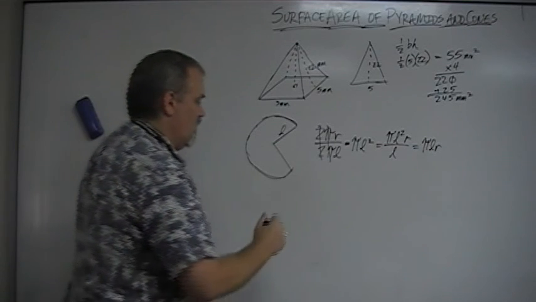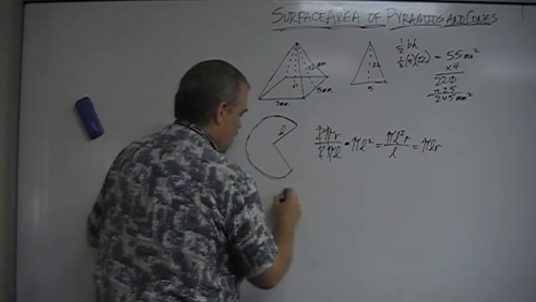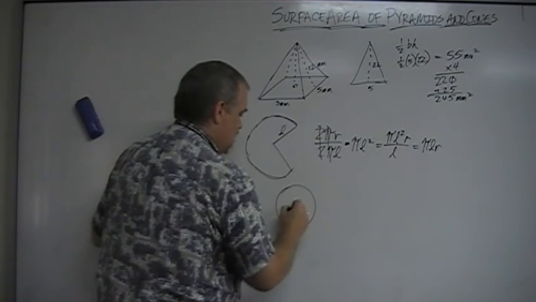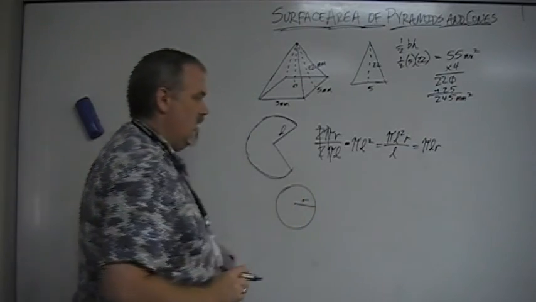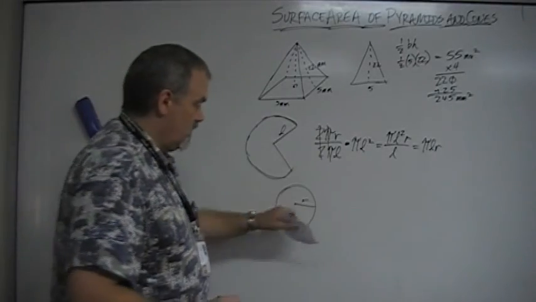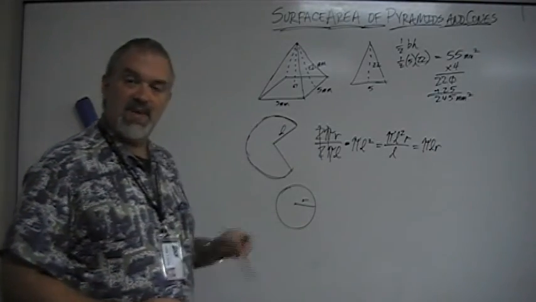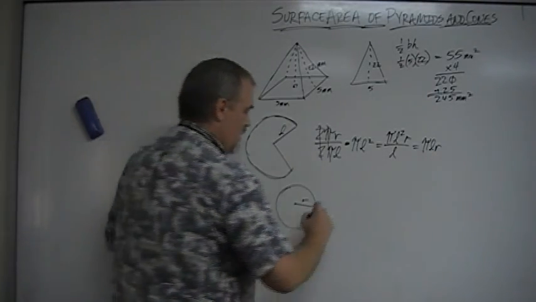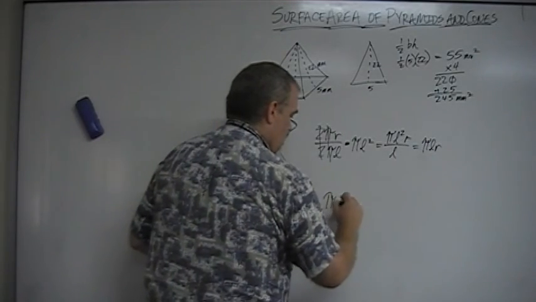And as we said before, I'm going to have a base, and that base has a radius of R, the same R as this R over here. And we know that the area, not the circumference, but the area of this is pi R squared.